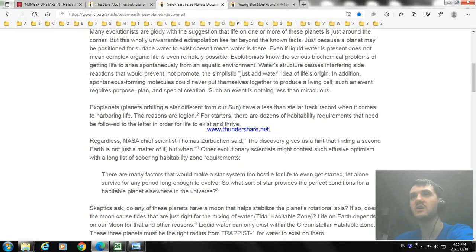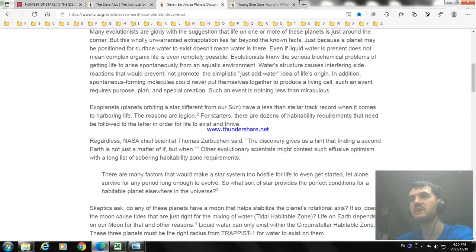Exoplanets, planets orbiting a star other than our sun, have a less than stellar track record when it comes to harboring life. There are dozens of requirements that need to be met for life to exist and thrive. Regardless, NASA chief Thomas Zurbuchen said the discovery gives hope of finding a second Earth. Doesn't matter if, but when.